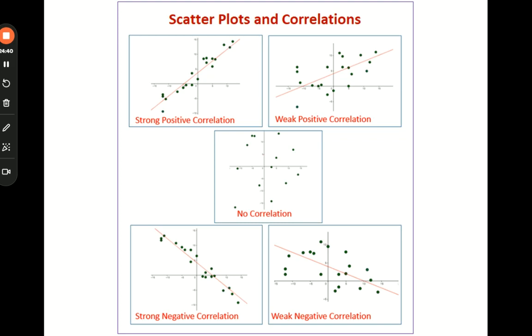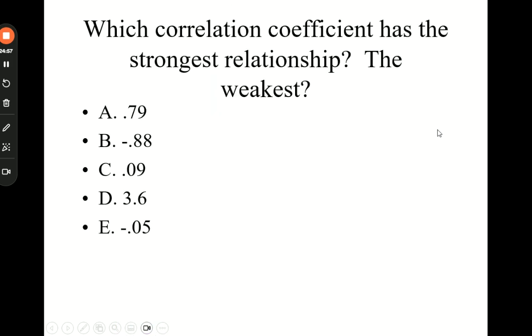Okay? So the further they're scattered, the weaker, the closer to 0 it will be. That is a very weak negative correlation. All right.